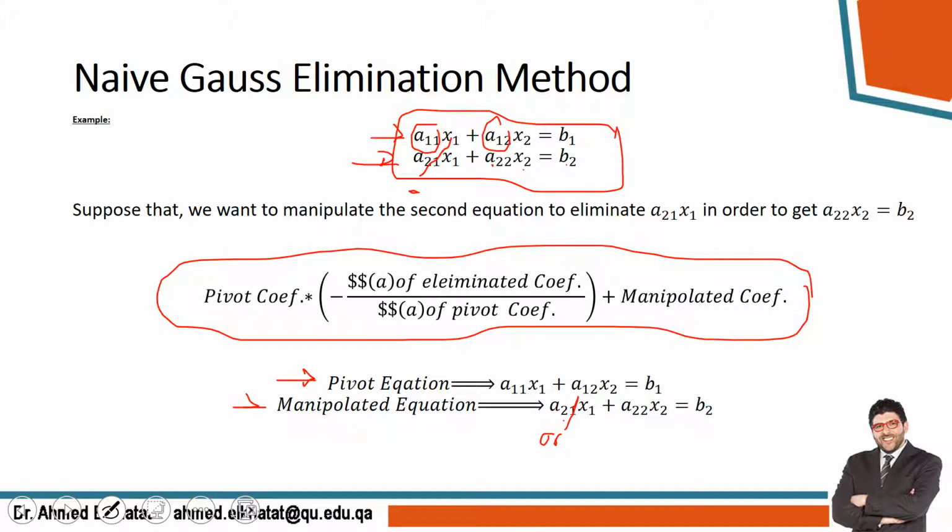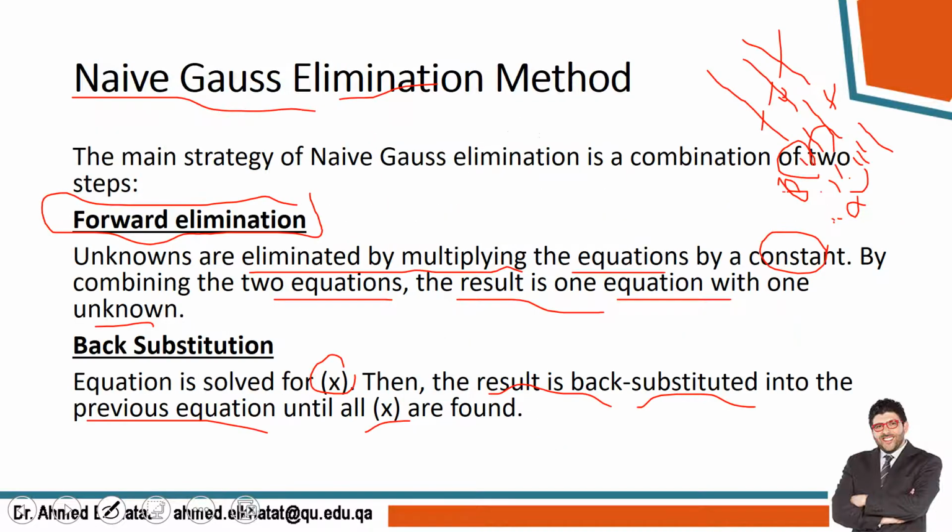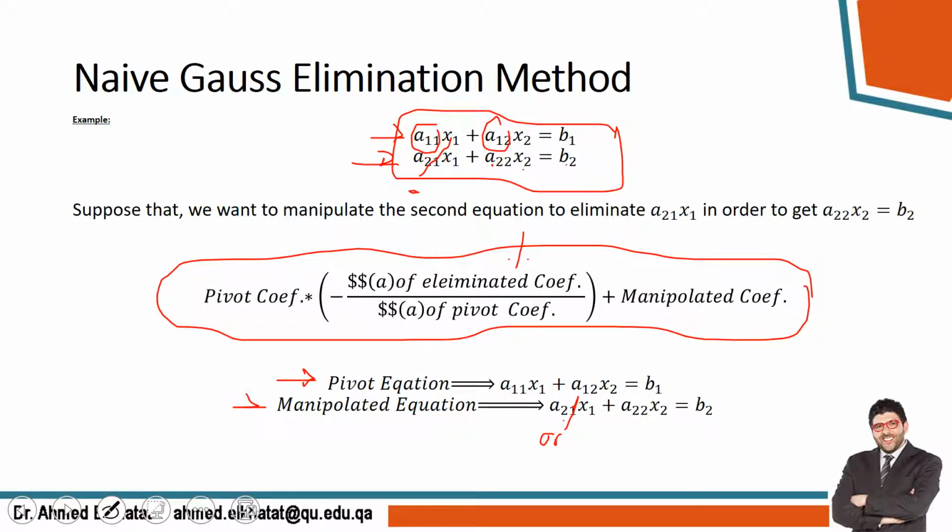If you remember, we said the unknown should be multiplied by a constant. Since we will not play with the pivot equation, we will keep it as it is. This manipulation will be applied only to the manipulated equation.